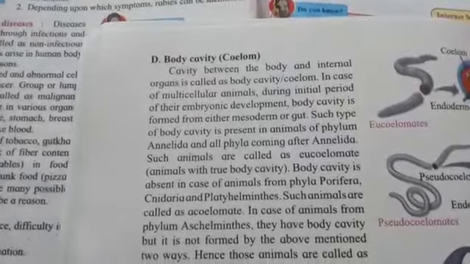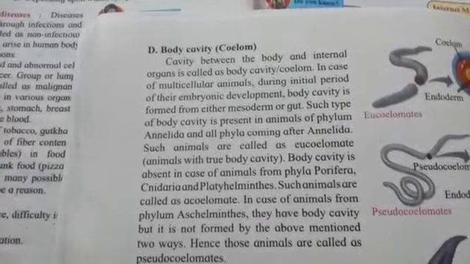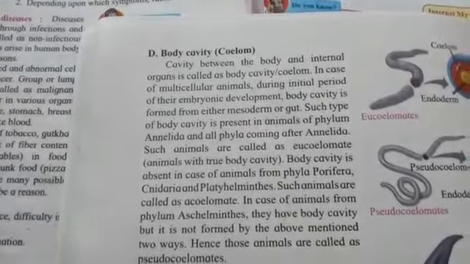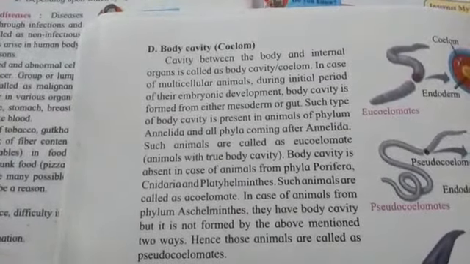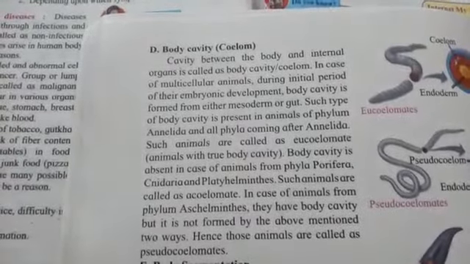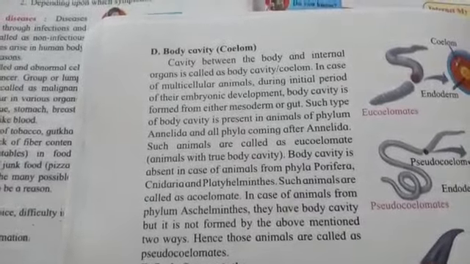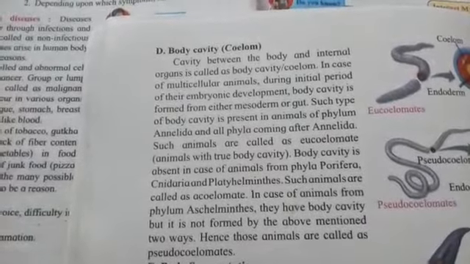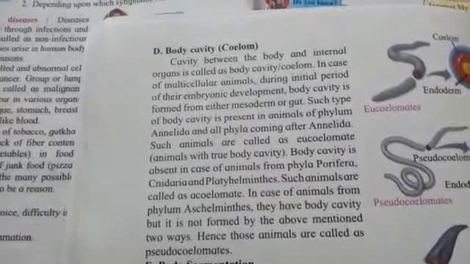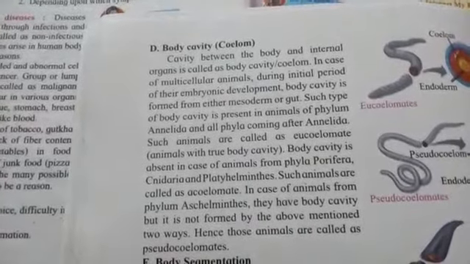So in case of multicellular animals, during initial period of their embryonic development, body cavity is formed from either mesoderm or gut. Gut means stomach over here. So mesoderm, I told you, the middle layer, will further develop into muscle cells, and the endoderm will develop into stomach, intestine, lungs and pancreas.